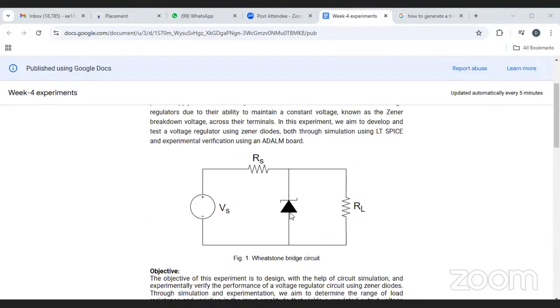So this is the Zener diode, which will work in the reverse region, and there will be the reverse breakdown voltage. Using that breakdown voltage, we will use it as a voltage regulator.